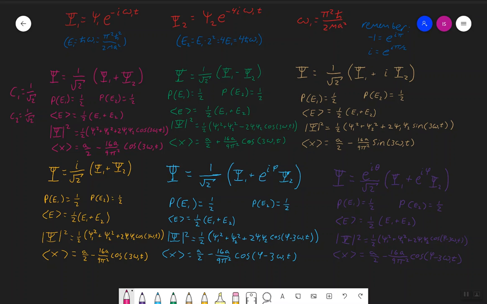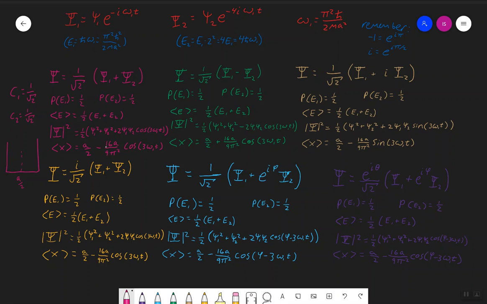And so when we do the expectation value of the position, we have a over 2, which is the middle, which makes sense. The particle will oscillate around the middle of the well, and it will oscillate at a frequency of 3 omega 1.